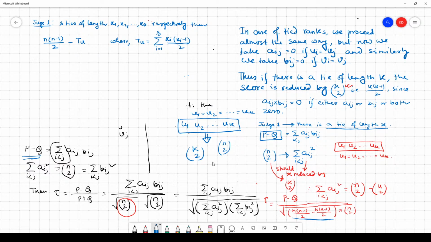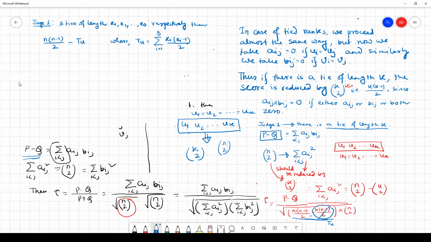So if there are s ties of lengths k1, k2, ..., ks, then instead of k into k minus 1 by 2, we write n into n minus 1 by 2 minus Tu, into nC2 minus Tv.